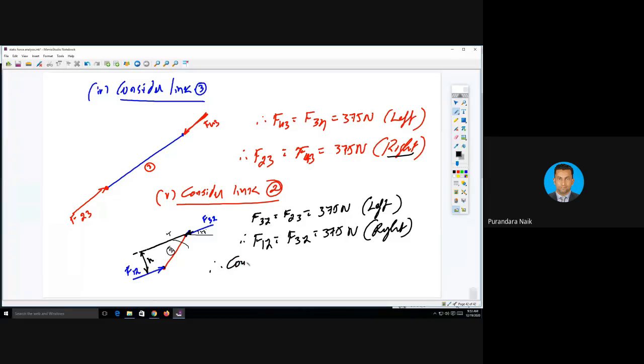The couple formed by F12 and F32 is C is equal to F12 into h is equal to F32 into h. Can anyone tell me the answer for h? 375 into h into scale. What is the perpendicular distance?